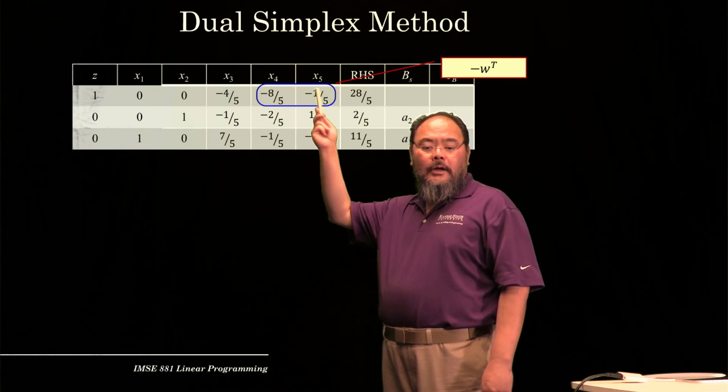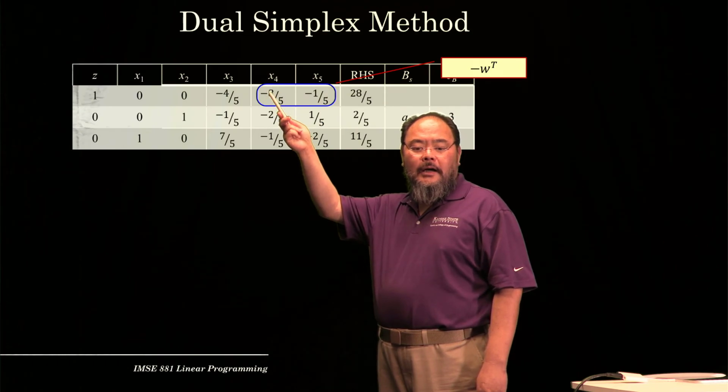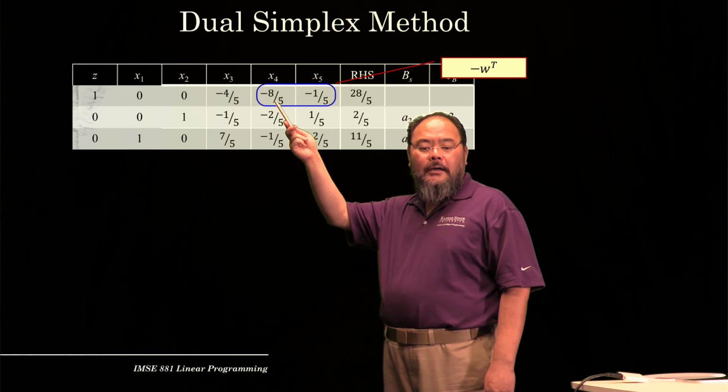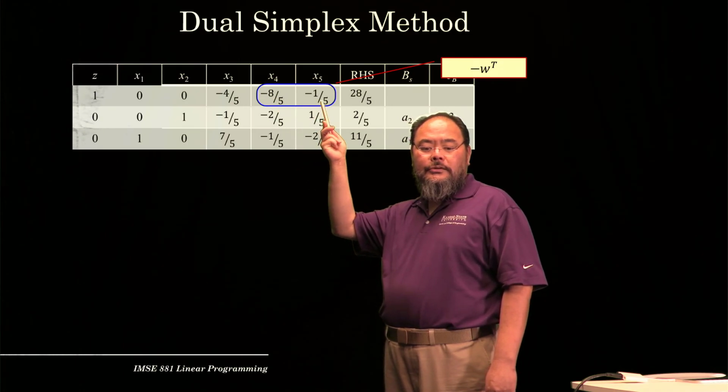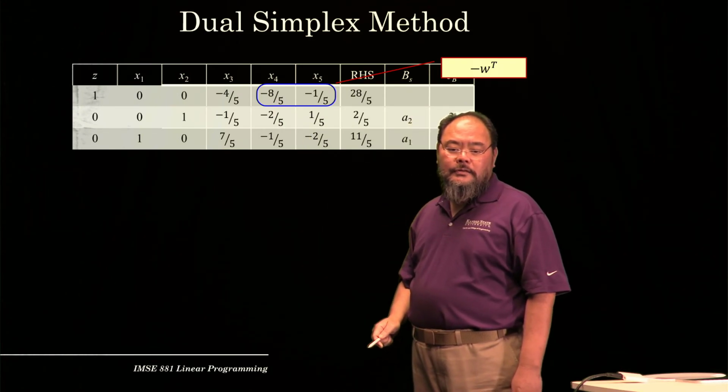x4 and x5 are surplus variables, and you can see this is my negative omega, which is the two dual solutions, on the surplus columns in row 0.